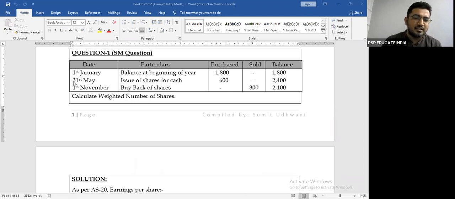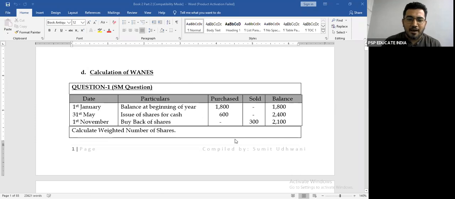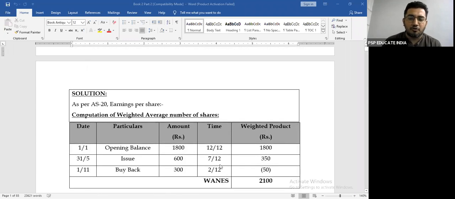So that increase in the month of May, so June, July, August, September, October, November and December, this growth in the number of shares remained for 7 months. So that you will add. And finally, you have buyback of shares which took place on 1st November. Buyback will reduce the number of shares, so you will deduct for 2 months, and that will give you the weighted average number of equity shares that you have.